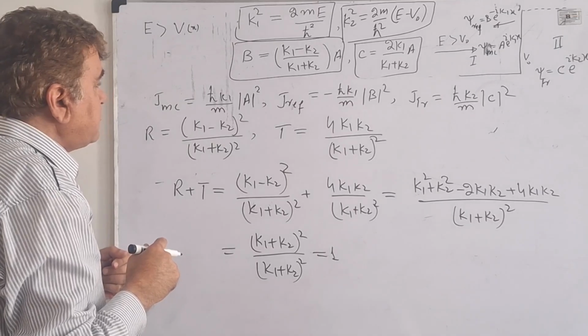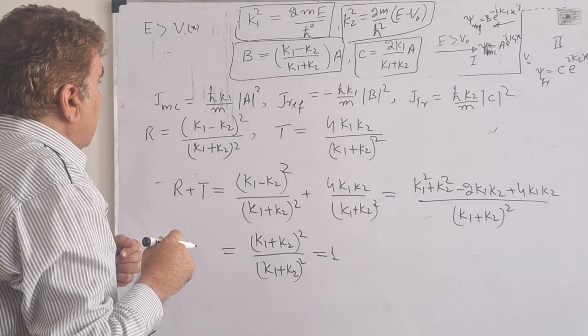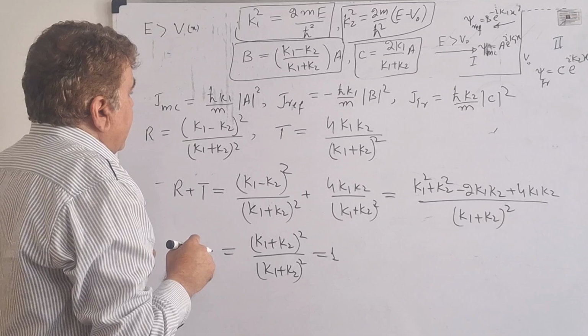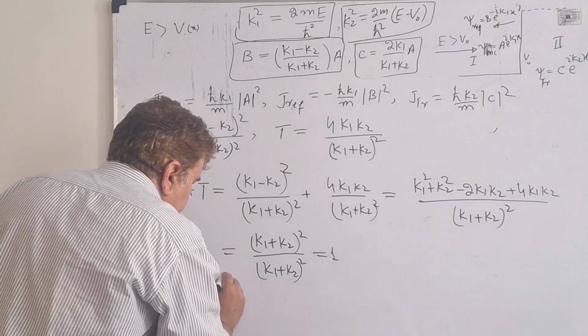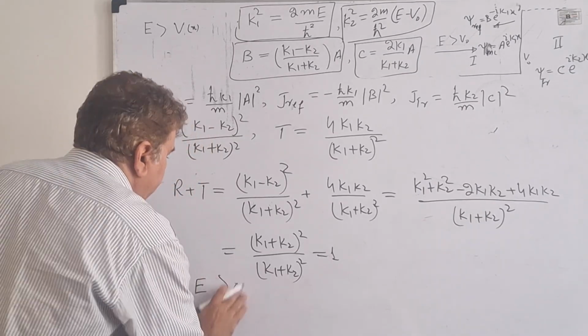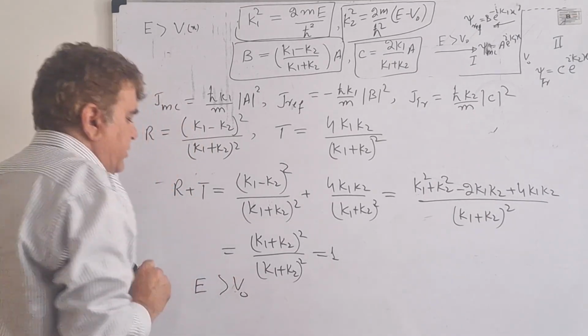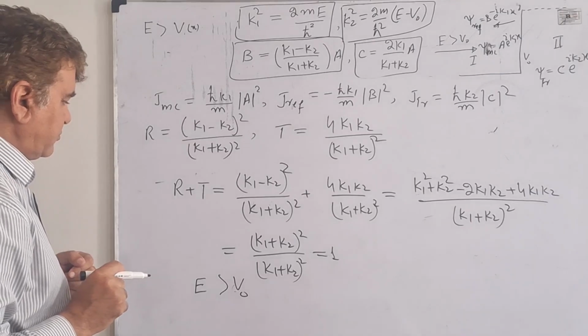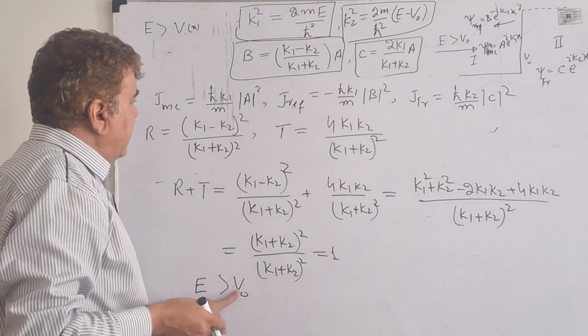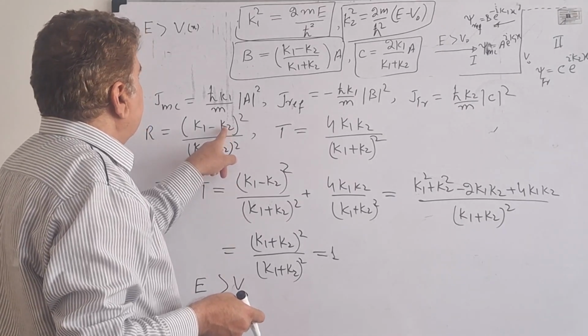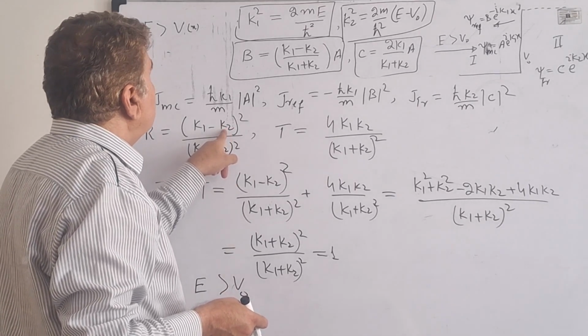But if E is greater than V naught, then k2 is never equal to 0.